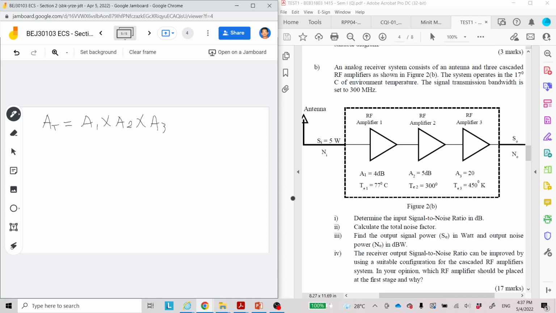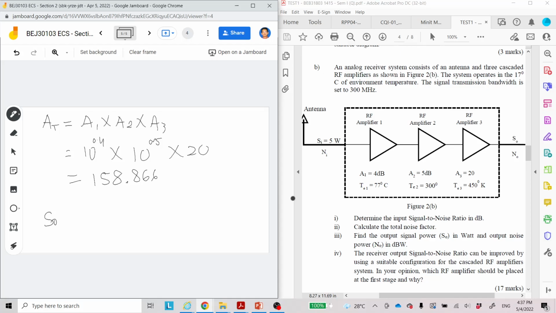This is equal to anti-log of 4 dB multiplied with anti-log of 5 dB multiplied with 20. So I get here around 158.866.